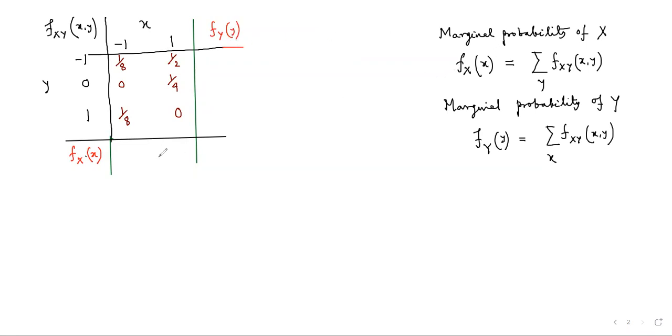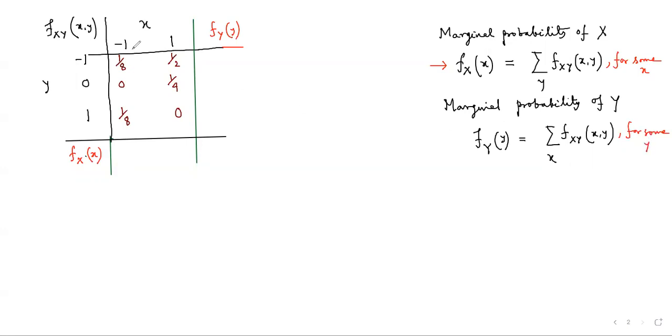Now look at the formula. First of all, I will calculate f of x. What it is saying, consider the joint probabilities from the joint probability distribution, and you consider only those joint probabilities where y is varying.